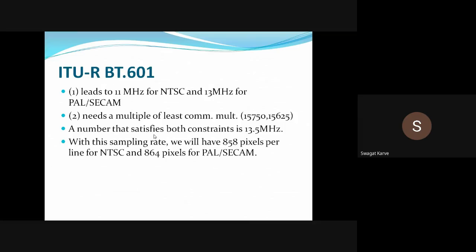Okay, and with this sampling rate we will have 858 pixels per line for NTSC and 864 pixels for PAL and SECAM.